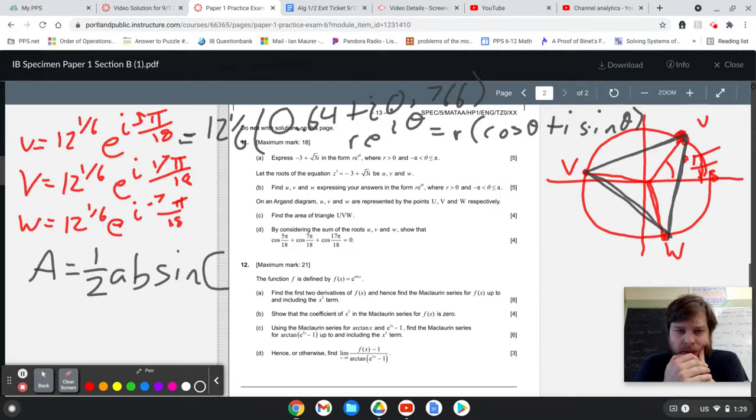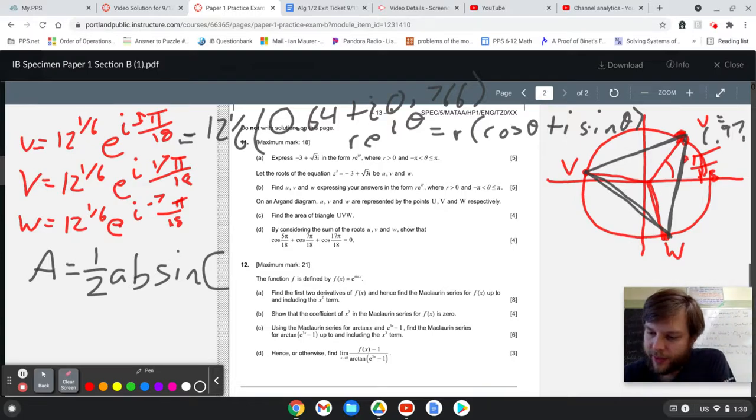Now if we multiply those out by 12 to the 1/6, so 12 raised to the 1/6 times the cosine of 5 pi over 18, we get our U coordinates: 0.97, and the y coordinate you can find just by switching cosine to sine, 1.159.